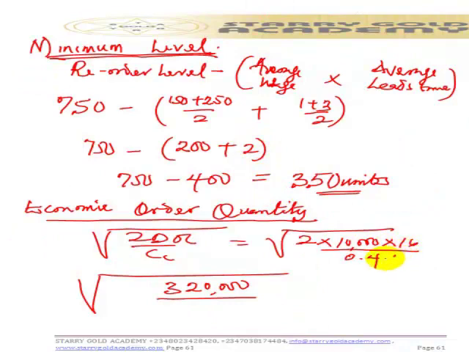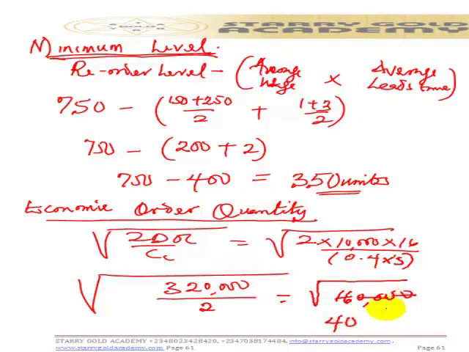So it's going to be 0.4 times 5, and that will give us 2. So square root of this will give us 160,000. Square root of 16 is 4. Square root of 100 is 10. So that will give us 400 units.